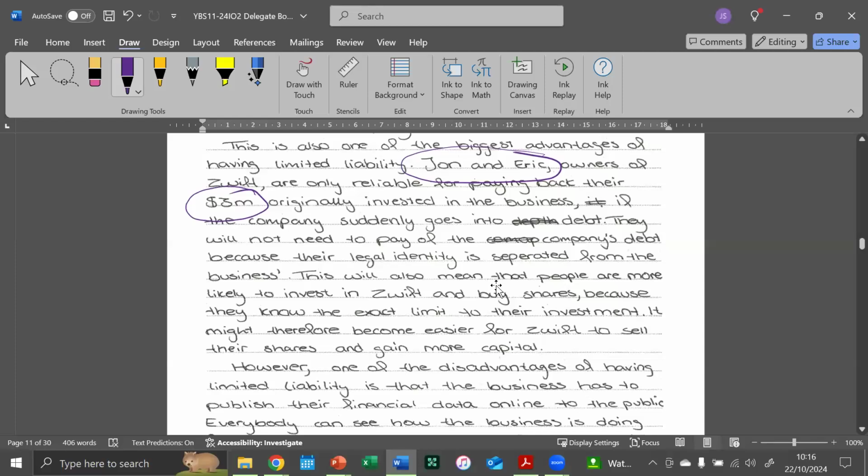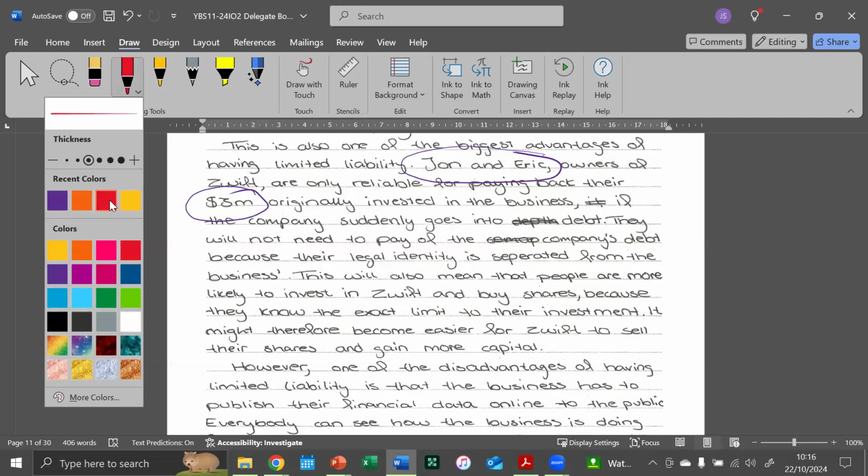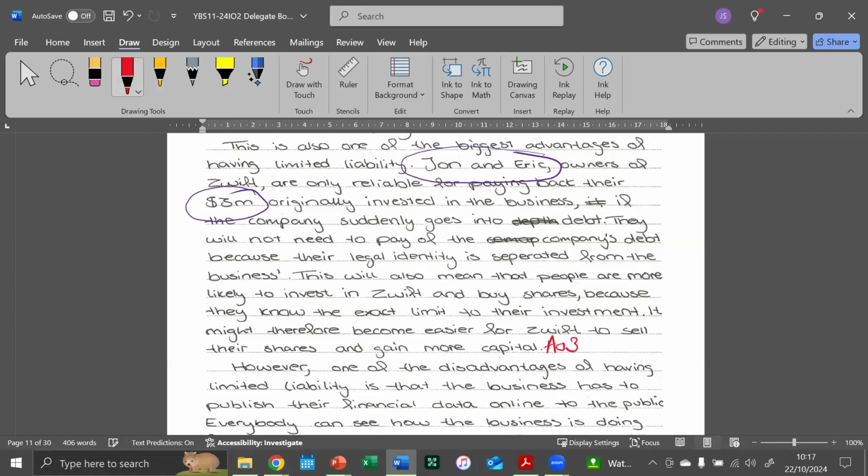Okay. And we've got this scenario here where they are bringing it back round, turning around and saying, well, look, these shareholders can't lose money, but they're bringing it round and saying it can give them some ability to raise more share capital. So I'm thinking, well, there is some AO3 in there.